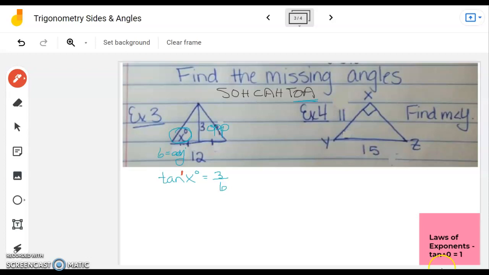If you look down here, laws of exponents, anything to the 0th power is going to be 1. So I need to change this tangent to the first power to the tangent of the 0th power. And the way to do that is through the law of exponents again, because if I multiply powers, I add the exponents. So we are going to do the inverse tangent, tangent to the -1.